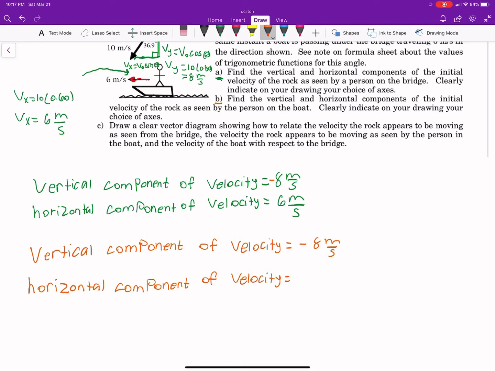Well, from your perspective, it looks like the car is not really moving. It stays just as far behind you as it always does. This is basically what's happening here. The rock is moving at the same speed horizontally as the boat. So because of that, it looks stationary. It doesn't look like it's moving at all in the horizontal direction.